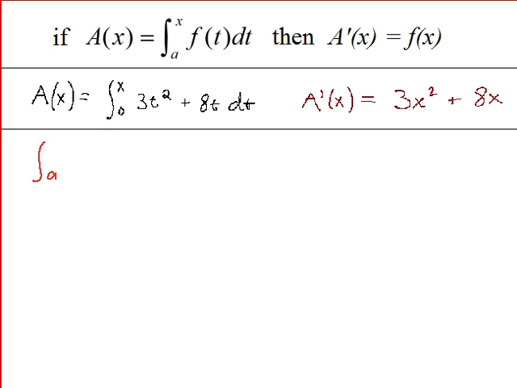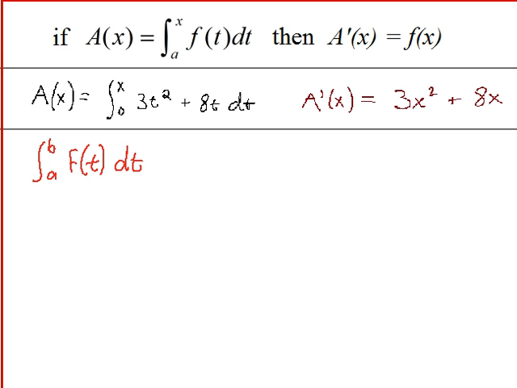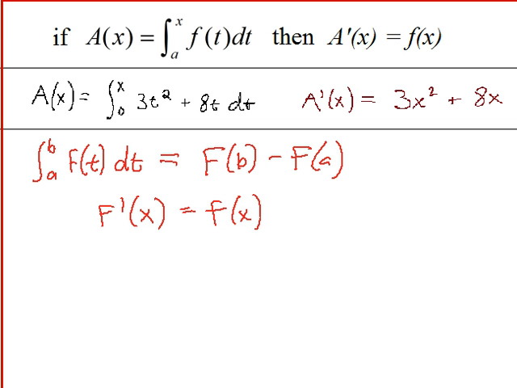If you have a definite integral from a to b of some function, we'll call it little f of t, it is equal to big F of b minus big F of a, where F prime of x is equal to f of x, or to put it another way, the antiderivative of little f is big F.